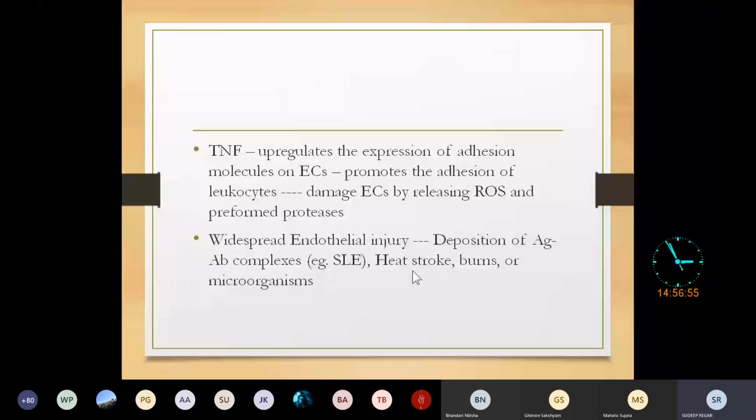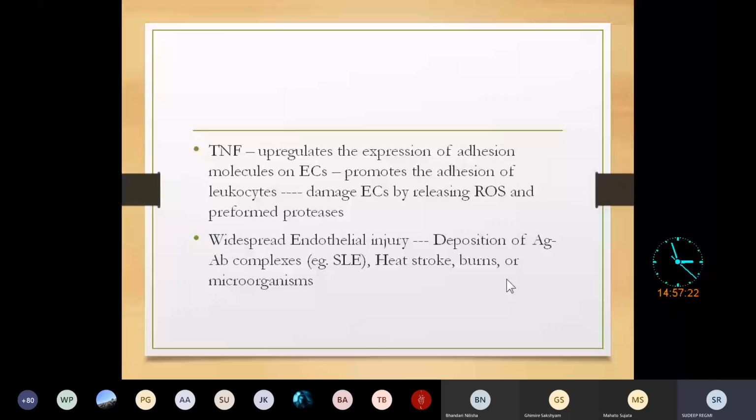In burns, the burn itself also causes widespread endothelial injury. Microorganisms can directly lead to widespread endothelial injury, or they can lead to sepsis, and then the endothelial injury can be mediated by TNF.